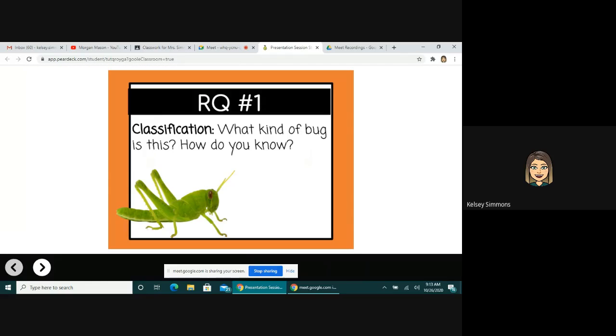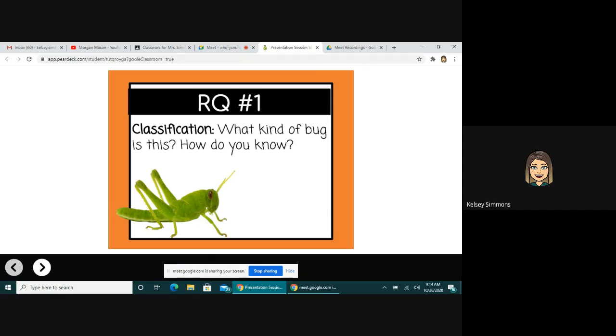And I keep talking about research question number 1. Well, research question number 1 is, what kind of bug is this and how do you know? So there's different kinds of bugs. Well, we know what they're called. Like, I would probably call this a grasshopper, but did you know not all bugs are the same?